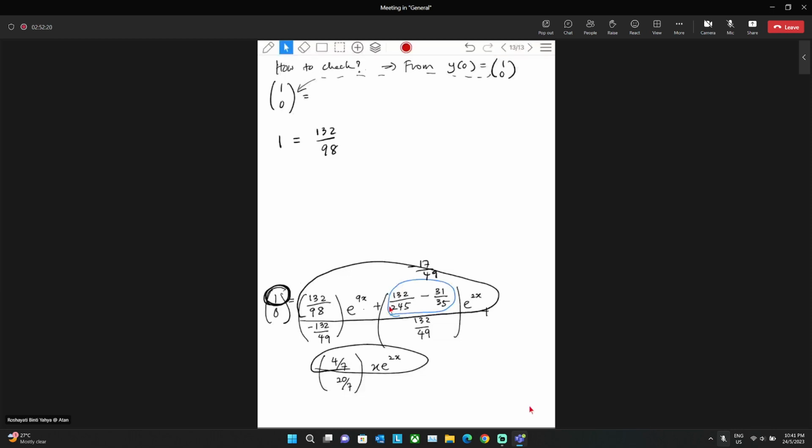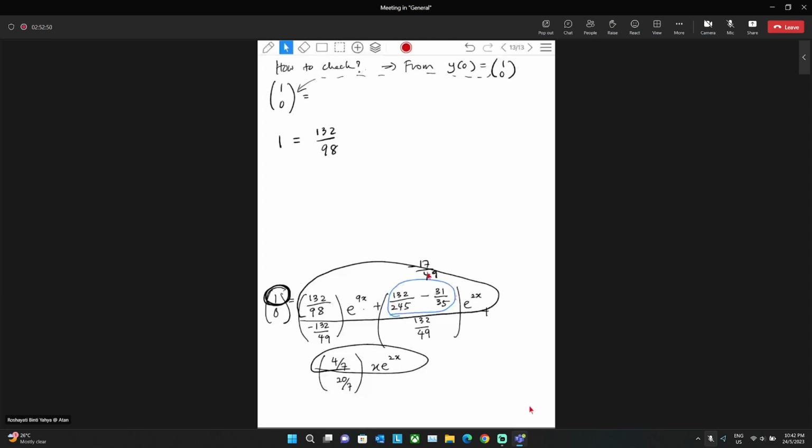So this one exponential 0 also becomes 1. So negative, minus means minus 17 over 49. And then this one everything becomes 0. So do you get 1? You do not need to put this in. You get 1. Okay, correct.